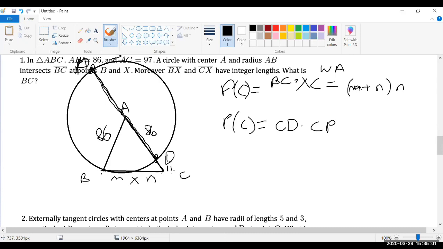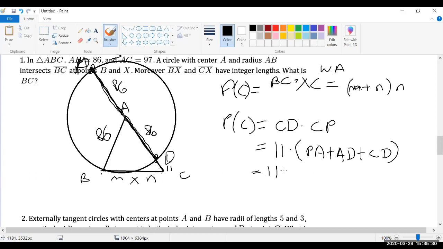Okay. At the same time, AP is also a radius, so that's also 86. So we can write CD as 11, and then CP is the same as PA plus AD plus CD, right? The sum of all those segments, the radius, and then that extra part over there.